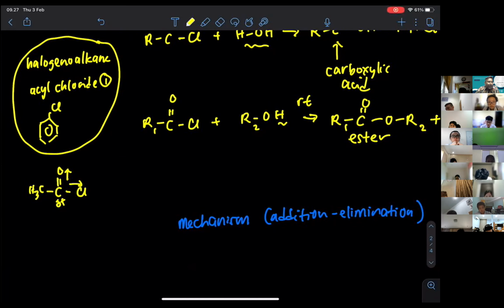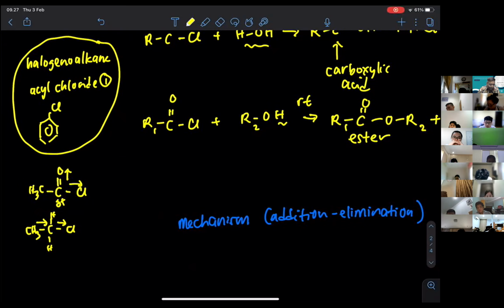Now if I compare this with halogenoalkane, CH3 and then Cl, if I redraw this, maybe I put CH and then another CH3. You see, electron donating groups donate electrons over here.